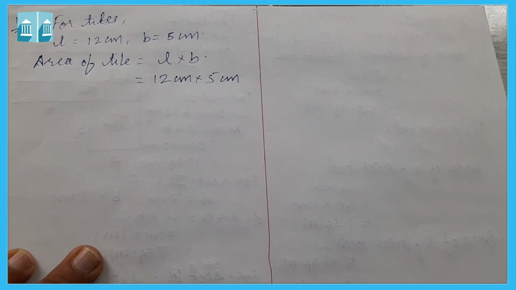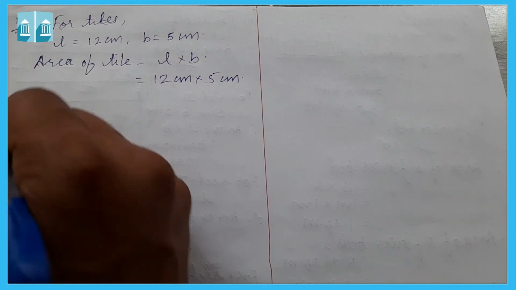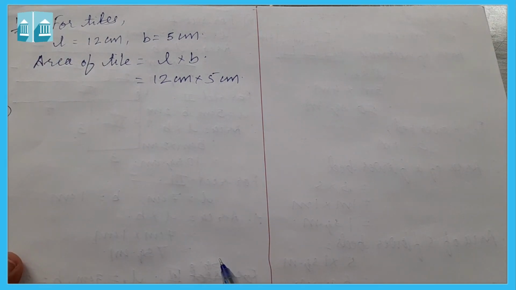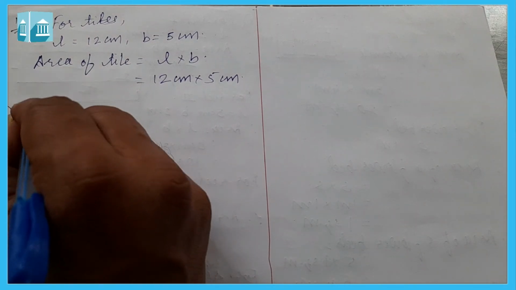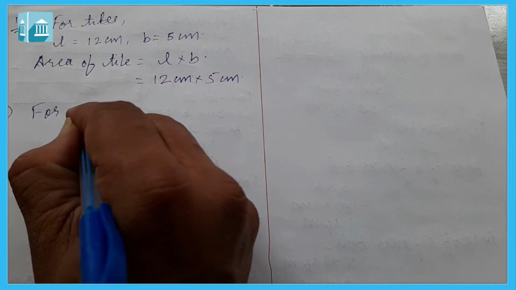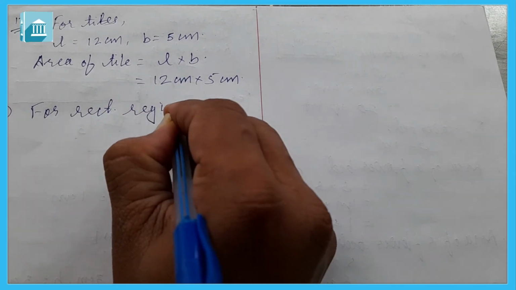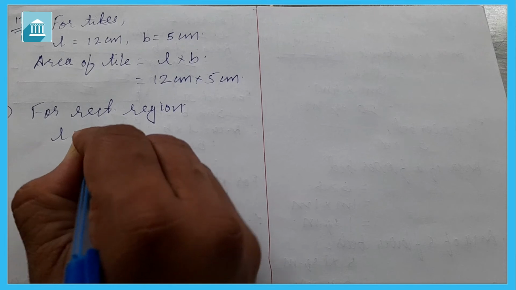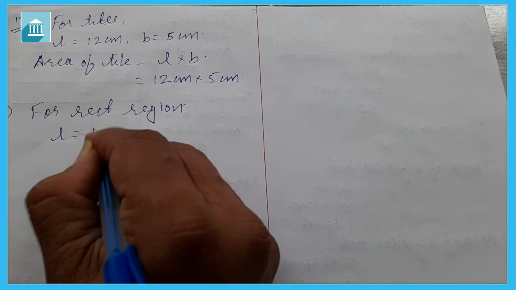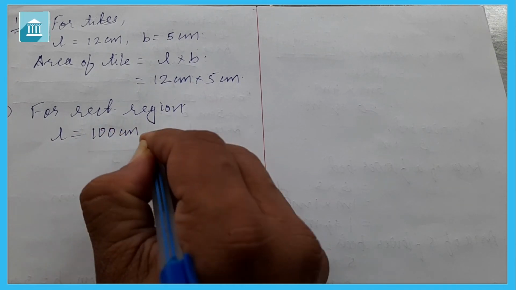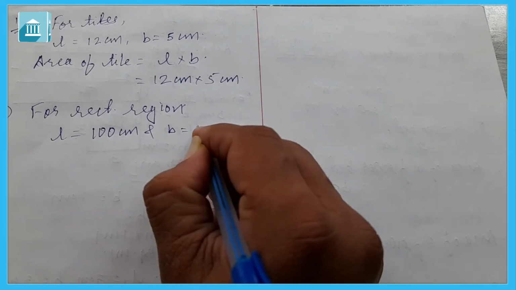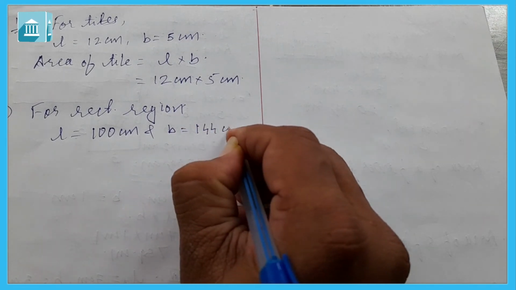Now here it is given in A the rectangular region. So for the rectangular region, L is equal to 100 centimeter and B is equal to 144 centimeter.